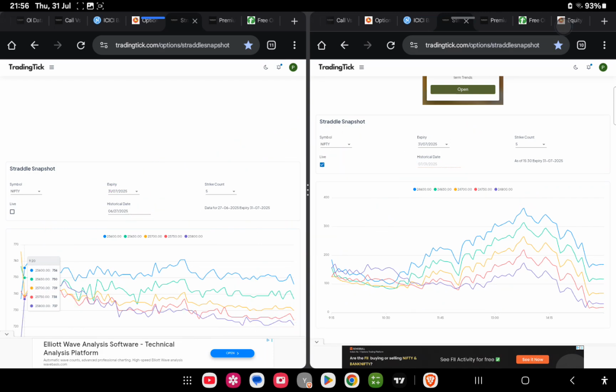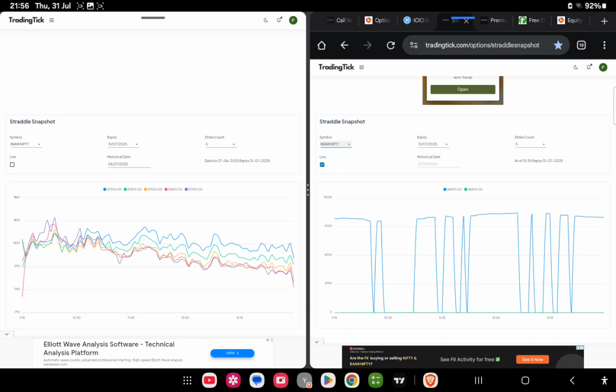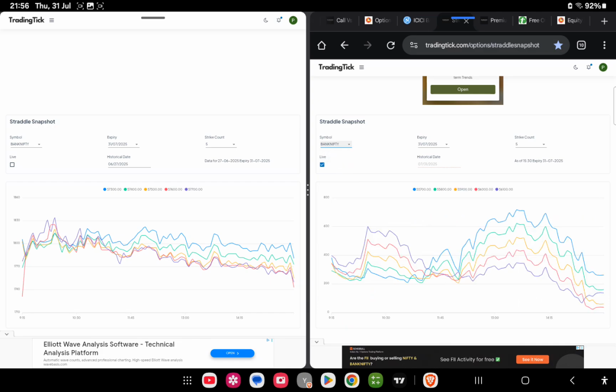Now let's go and check for Bank Nifty. You could see it's the same expiry, so you should not confuse. This is the present day, and then let me change it. You could see the strike is not the same, right? So let's just make it strike.